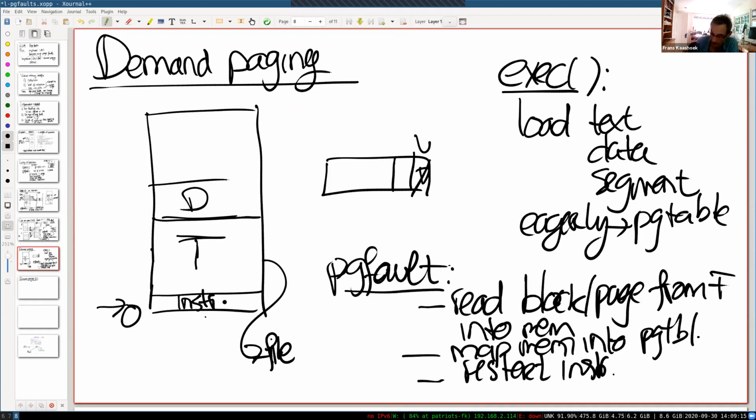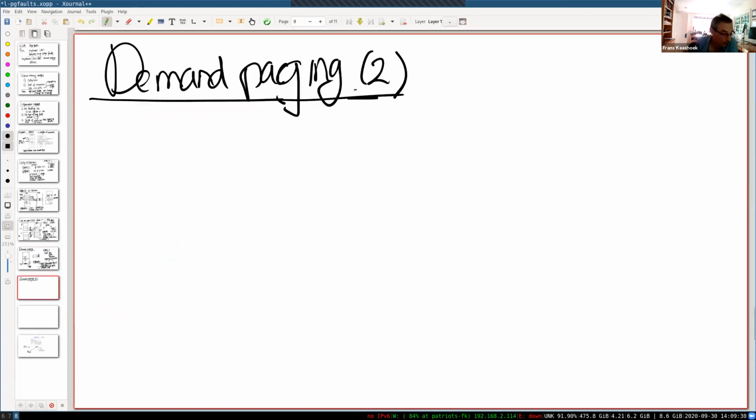It might be the case that the file we're reading, or the text and data segment, is even bigger than what is in physical memory. Or if multiple applications start with demand paging, maybe their binaries together are bigger than physical memory.